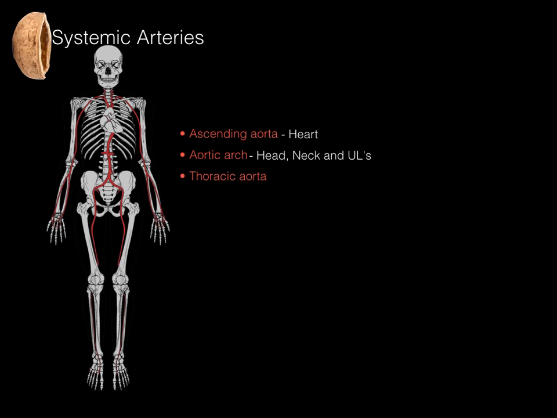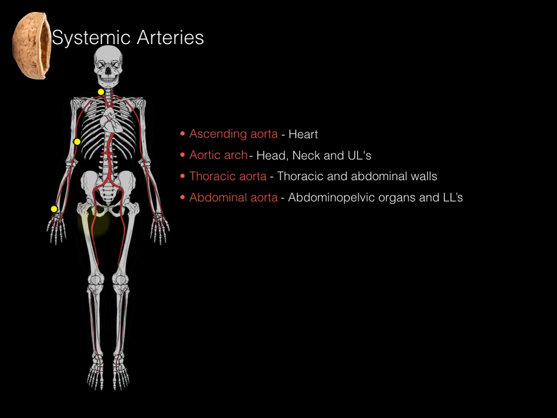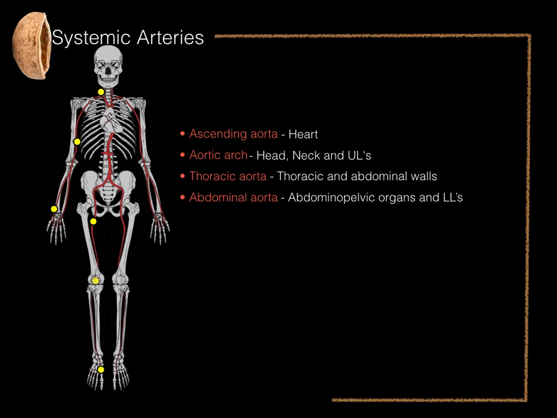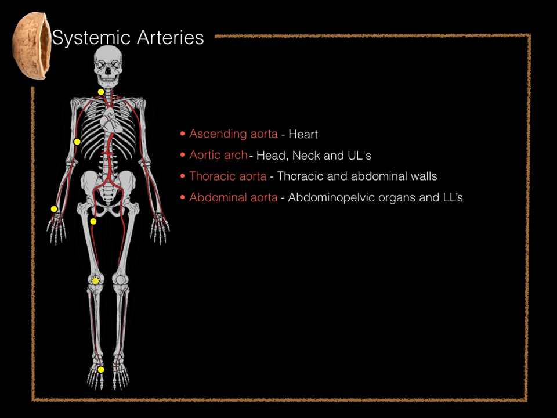The thoracic aorta has branches that segmentally provide blood supply to the thoracic and abdominal walls, and the abdominal aorta and its associated branches supply the abdominal pelvic organs, abdomen, pelvis, perineum, and the lower limbs. Key pulses are the carotid pulse, brachial pulse, radial pulse, femoral pulse, popliteal pulse, and dorsal pedal pulse. And that, my friends, is systemic arteries in a nutshell.